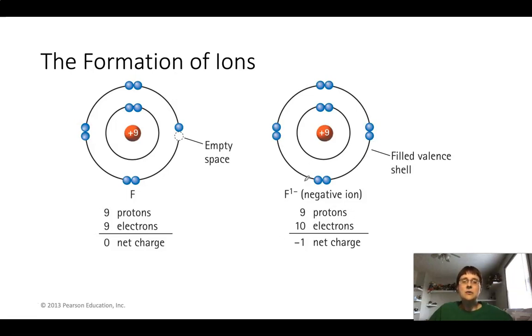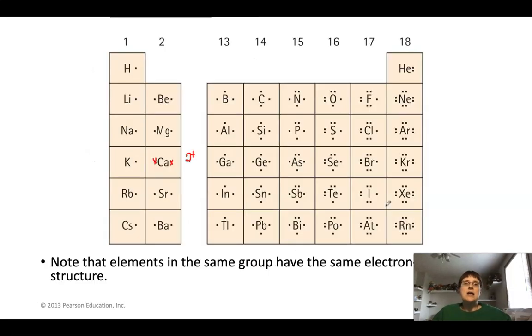And now we get a negative ion, because fluorine started off with 9 protons and 9 electrons. So again, a 0 net charge. But now, because it gained that electron, we have 10 electrons versus 9 protons. So we have 1 more negative charge, and that gives us a -1 charge. If we look back at the periodic table here with the electron dots, here you can see fluorine.